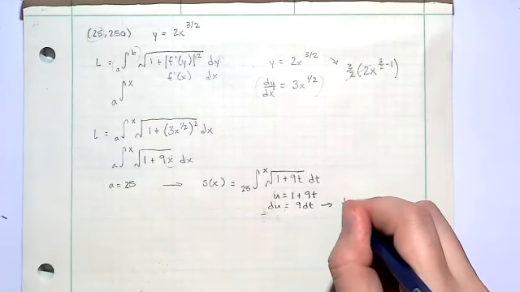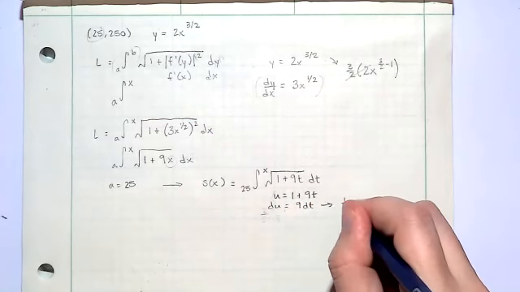And then that'll be put across our bounds that go from 25 to x. So let's see. If we simplify this, this comes out to 2/27.